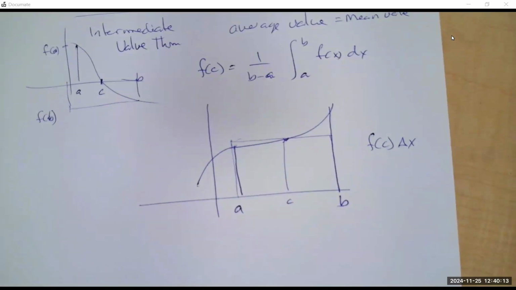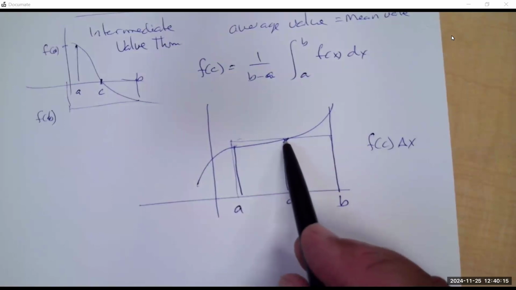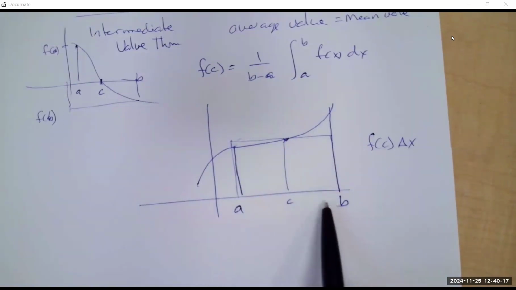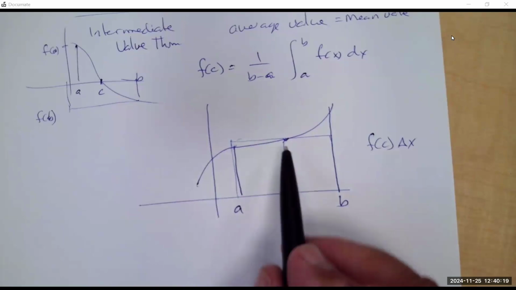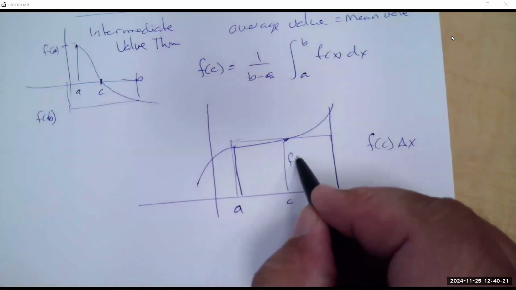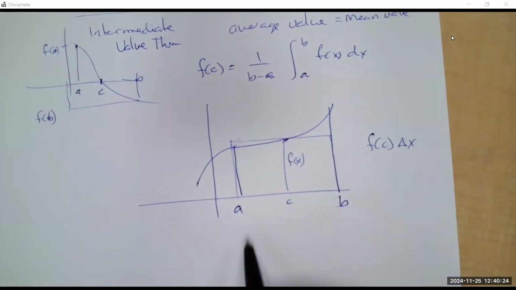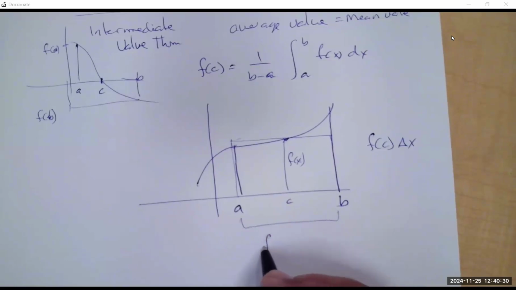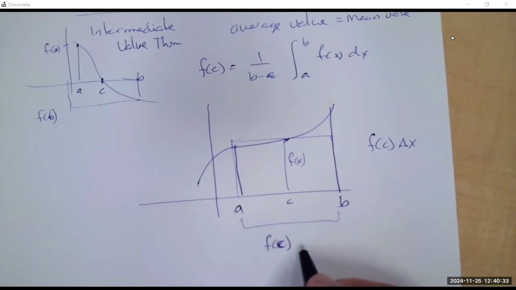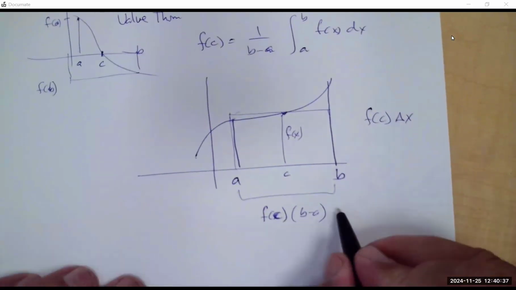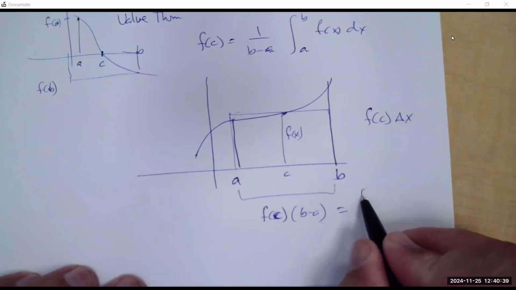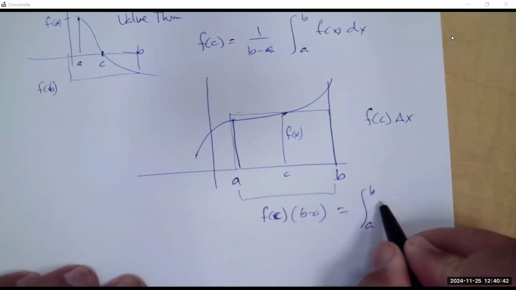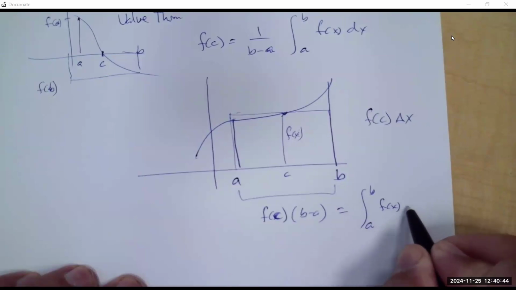The mean value says I can find a value somewhere inside the interval AB such that when I take f of that value times the width of it, so f of C times the width of B minus A, it is going to equal the integral from A to B of my function.